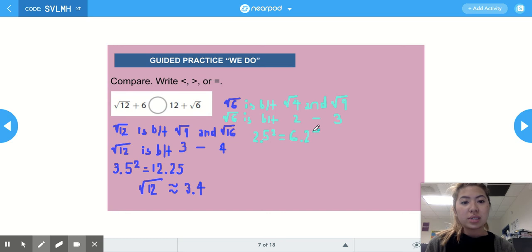If we're estimating or approximating the value of square root of 6, we know that if we square rooted 6.25, we'd get 2.5. So the square root of 6 is going to be about 2.4.